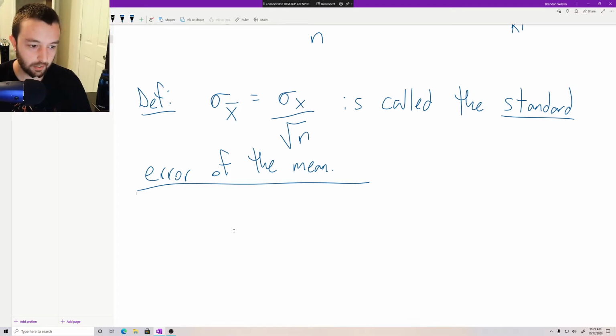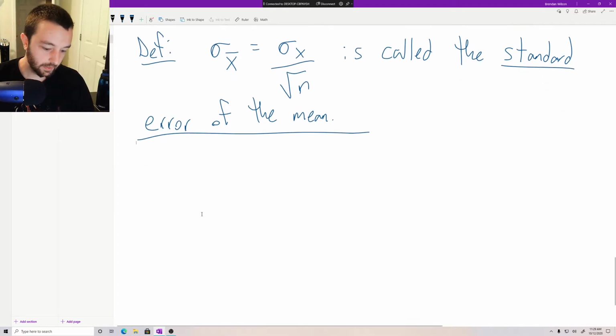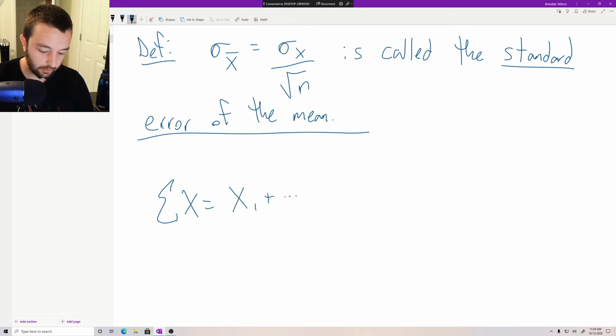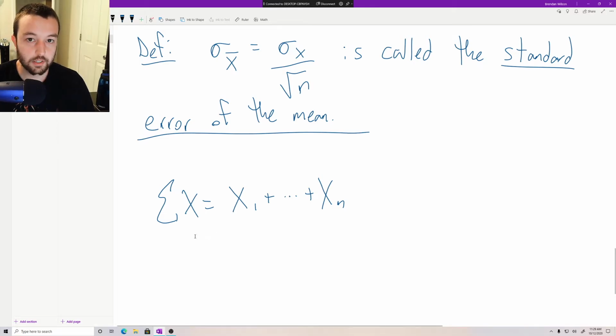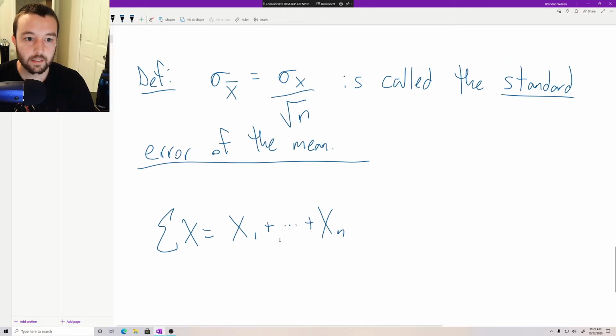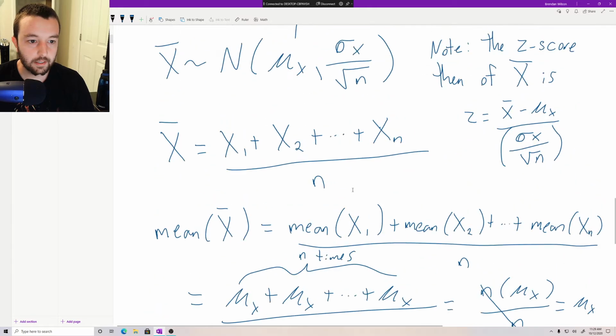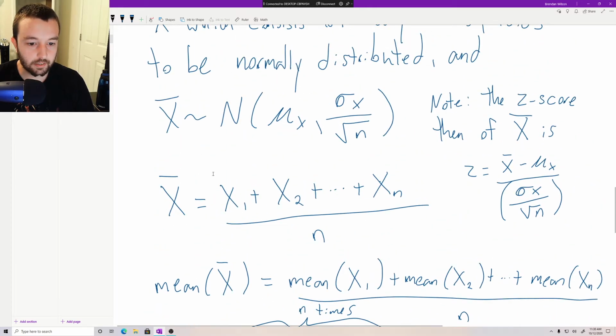So it writes sigma x for x1 through xn, and it goes through the central limit theorem for this. It's all the same because our x bar is that same thing. It's just divided by n.